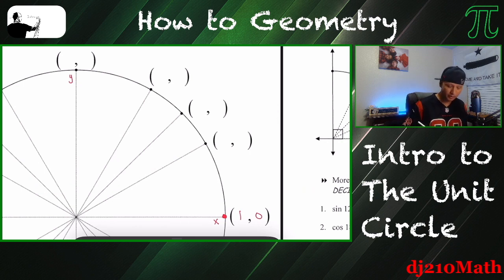Well, the unit circle starts at the 3 o'clock position. If you think of how a clock looks, there's 12, 3, 6, and 9. 3 o'clock is the most right number. That's equivalent to right here.